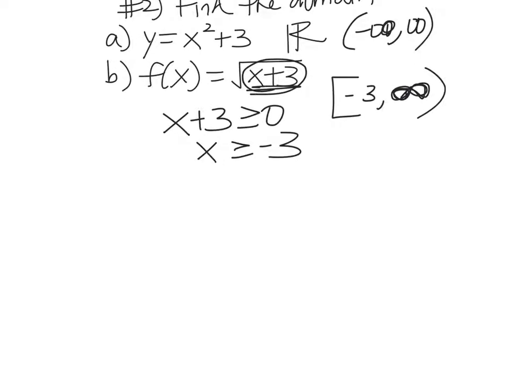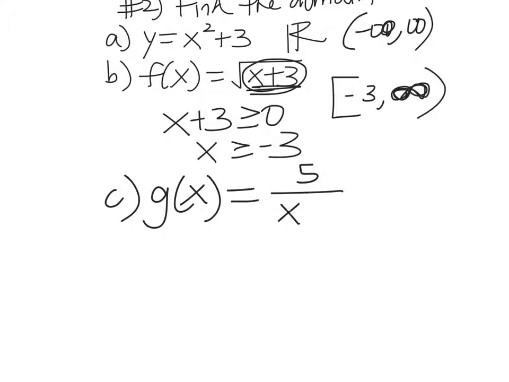All right, let's do another one. G of x equals 5 over x minus 7. So, don't think about what x can be. Think about what x can't be. We all know that we're not allowed to divide by 0, right? So x can't be what? 7.